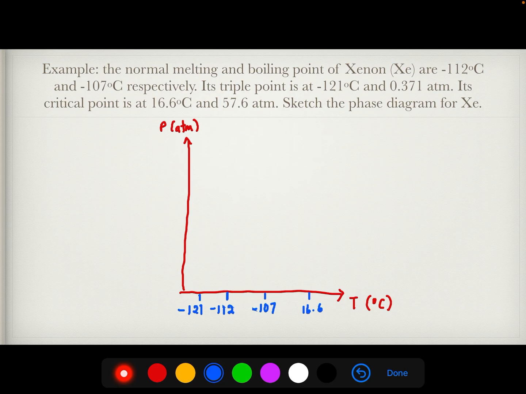Alright, so for the pressure, we have 0.371 atm, and then we are talking about the normal melting and boiling points, which actually happen at 1 atm, so it's much higher, and then the critical point is at 57.6 atm.